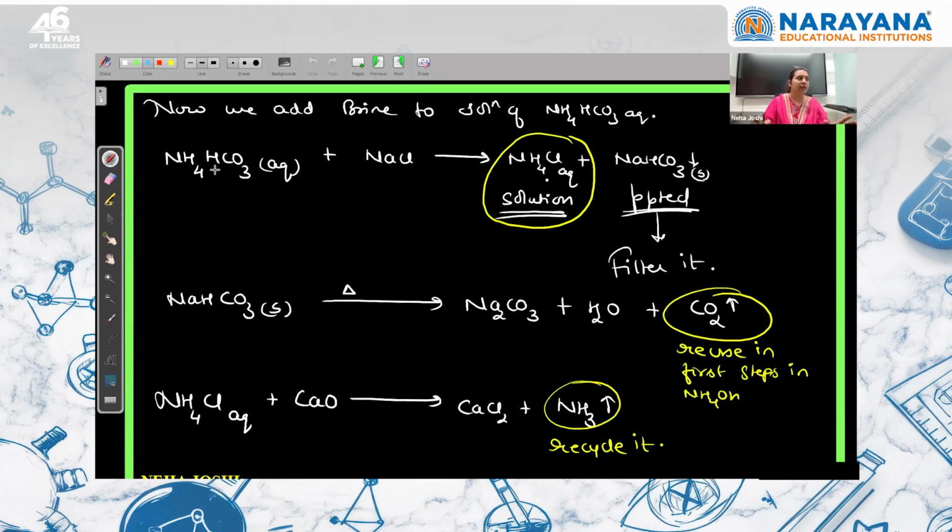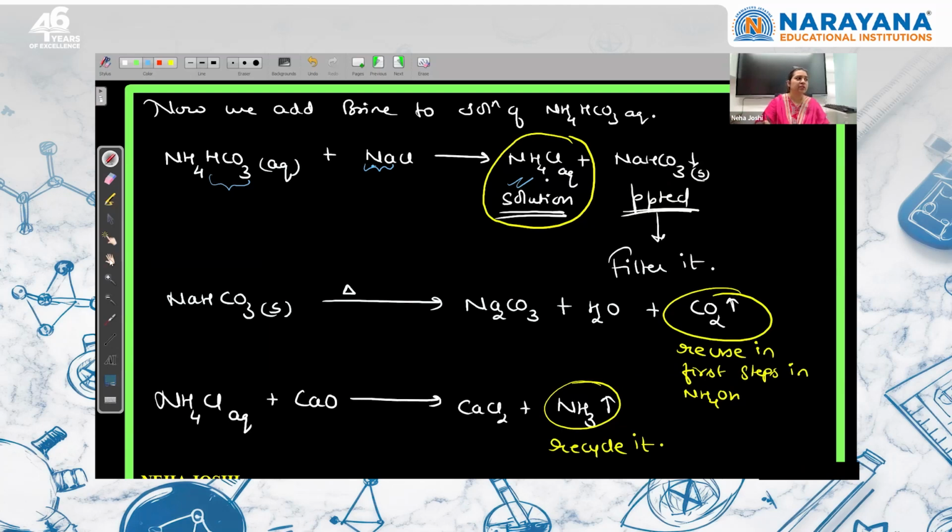Now what happens is that the solubility of NaHCO3 is low. So we add a large amount of sodium. This sodium and this bicarbonate cross the solubility product of NaHCO3. Ammonium chloride being highly soluble, it will remain in the solution and sodium bicarbonate is precipitated.